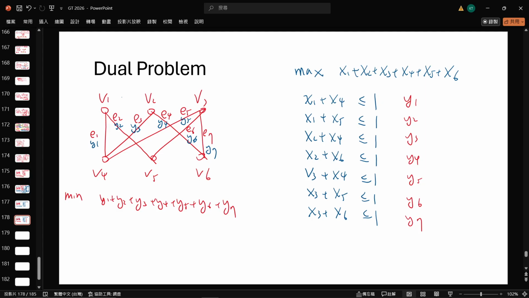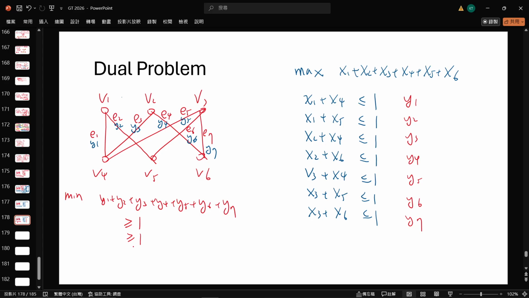Okay, so the last part is to figure out the coefficients. So first of all, the coefficient of x1, x2, up to x6, you can see that all the coefficients here are 1. So this means in a dual problem, the constraint always has this form, okay?